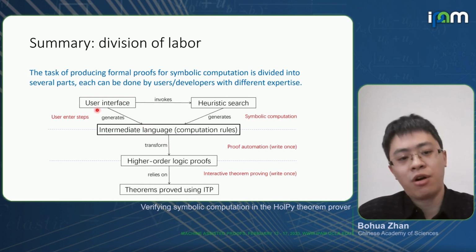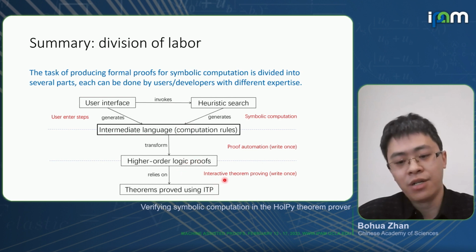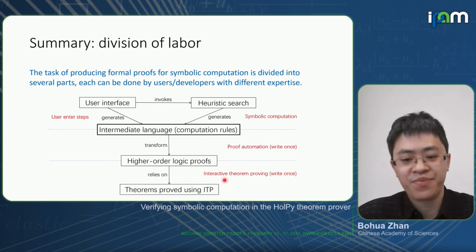So the whole process of computing an integral starts from the user interface. The user would specify the steps to perform, and then this would yield a sequence of computations in terms of this intermediate language. And then from this intermediate language, we use proof automation to convert this to a higher order logic proof. And finally, this higher order logic proof relies on mathematical theorems that are proved using interactive theorem proving.